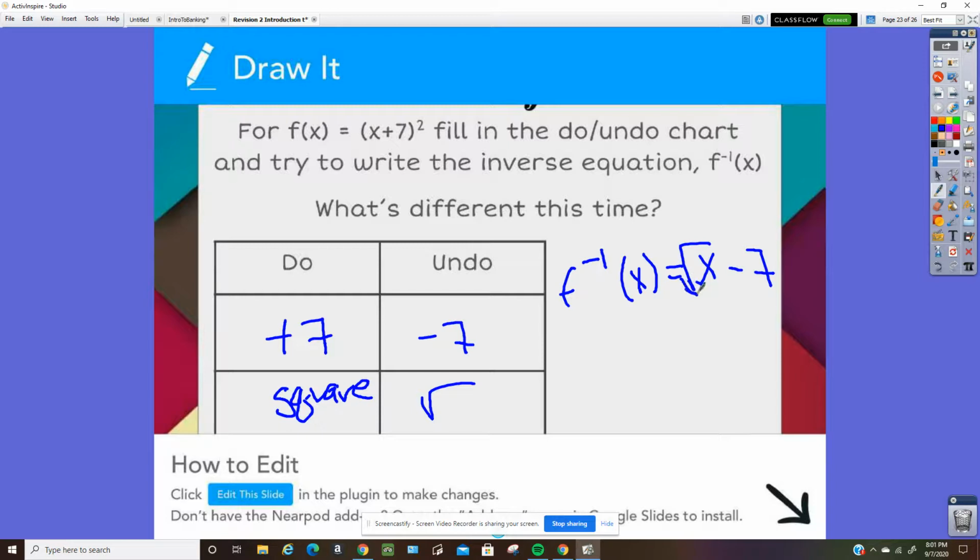So that's the difference here, because the parentheses kind of change the order of operation. And then when you write the inverse, this 7 is outside the radical. So make sure if you're on a test or quiz, you're writing this or using an equation editor, that this subtract 7 would not be under the radical.